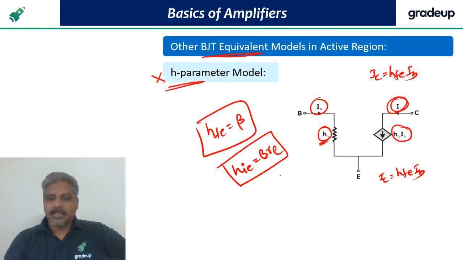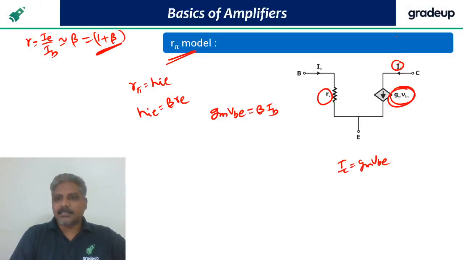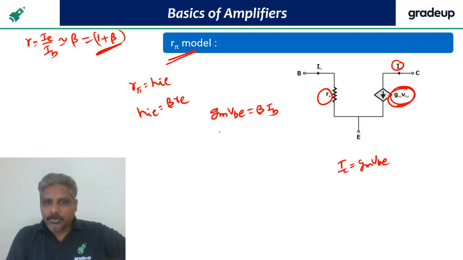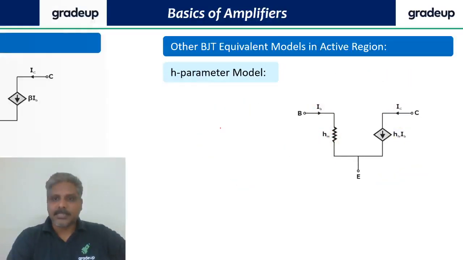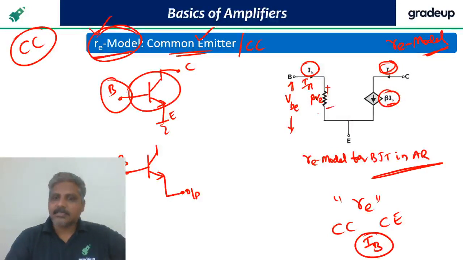Similarly, if I find the relation between IC equal to GM VBE and beta RE, IC equal to this. So GM into VBE is nothing but, see here in this expression, VBE is from here to here, right? This is VBE, which is nothing but IB into beta RE. This is the drop across this. This is small IB.